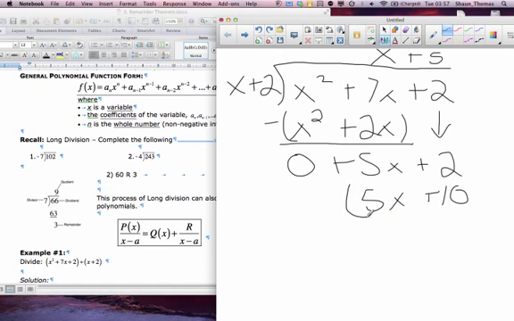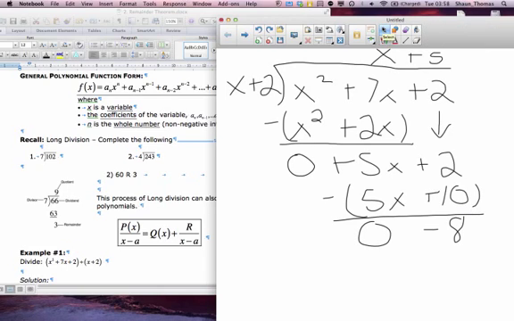And again, I'm going to put this in a set of parentheses, and I'm going to subtract. 5x subtract 5x is a 0, and 2 subtract 10 gives me a negative 8. So what I should have here now is that I have a quotient of x plus 5, and a remainder of negative 8.